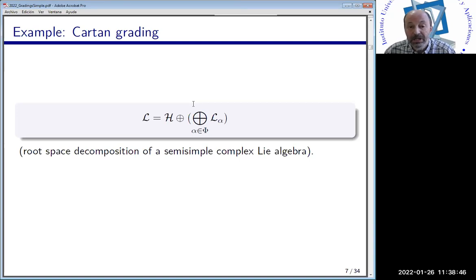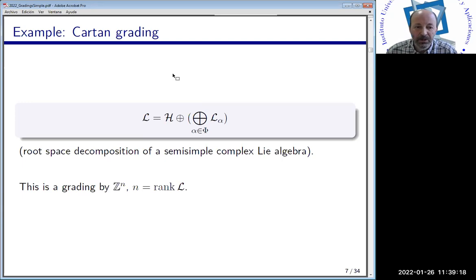This gives the root system, and this is a grading by a free abelian group of the rank of the semi-simple Lie algebra. And this is well known and has been behind the classification of semi-simple Lie algebras. So this grading will appear constantly, and some gradings will be a mixture of this grading with some other gradings.